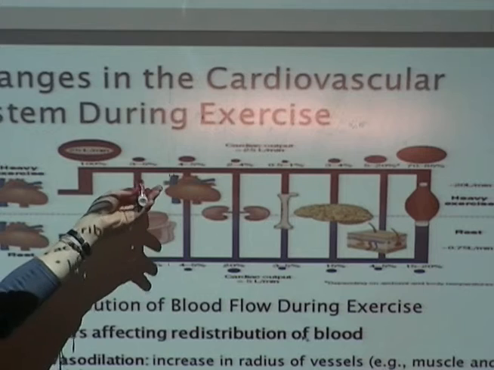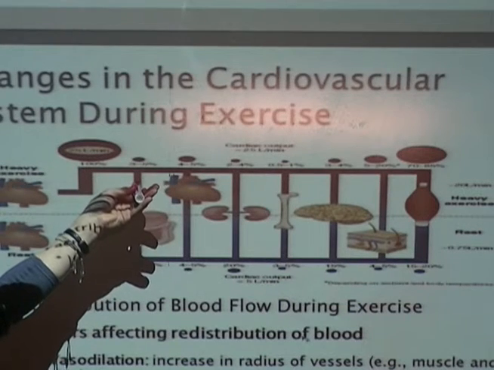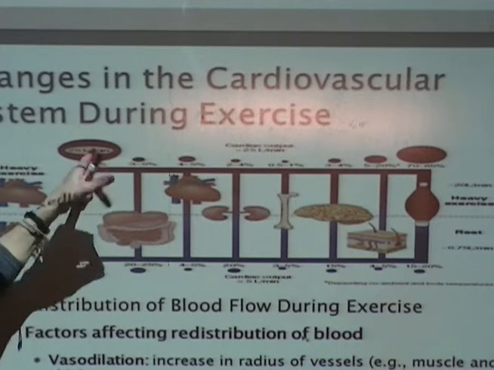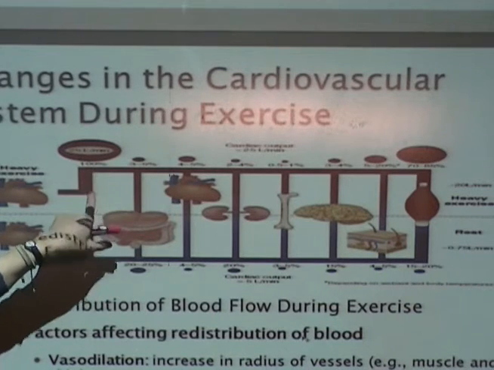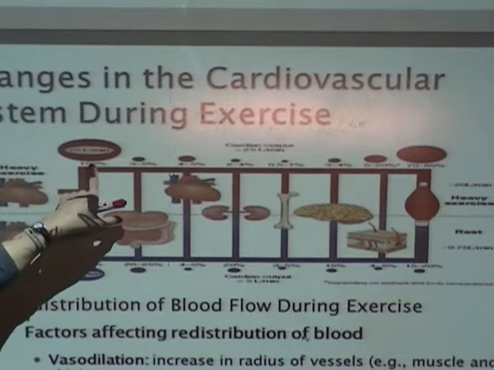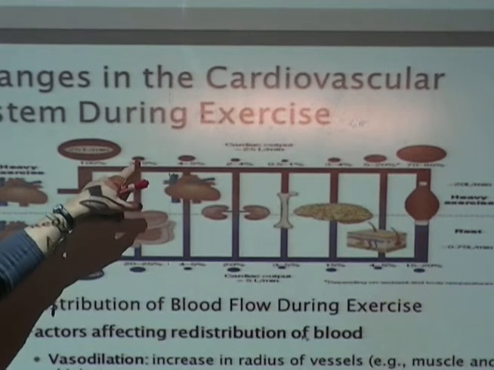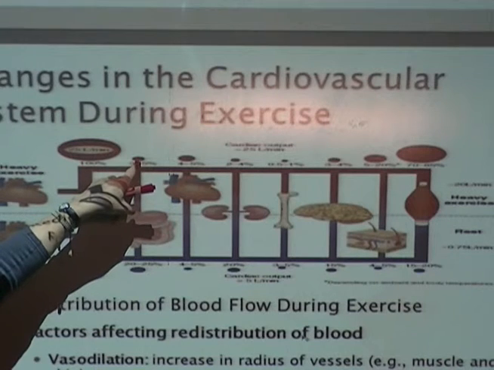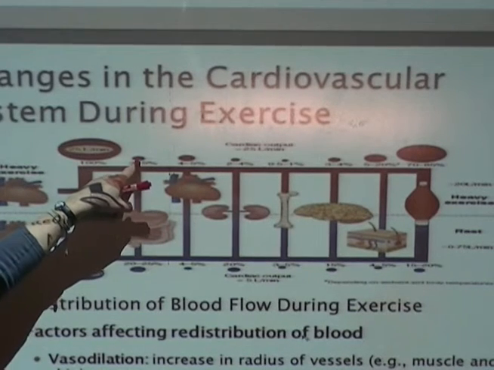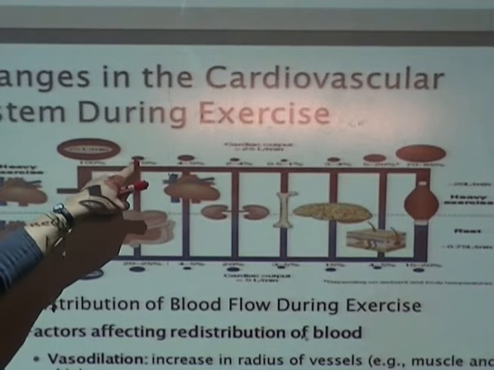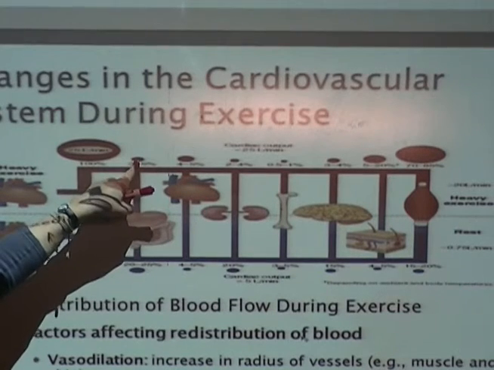So this is the major reason why you shouldn't eat something big and heavy before you exercise, because your central nervous system is going to take the blood flow from your stomach and your digestive organs and move it to your muscles. Because if you're running away from a tiger, it does not matter whether you digest your food unless you become tiger food, right?